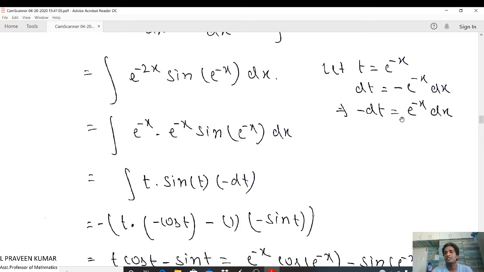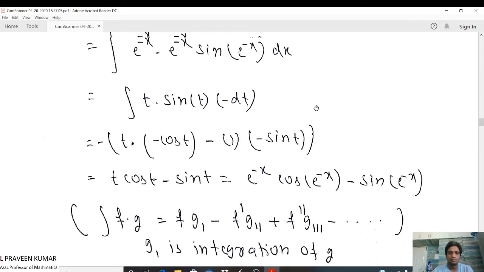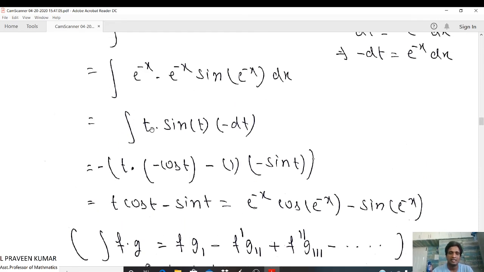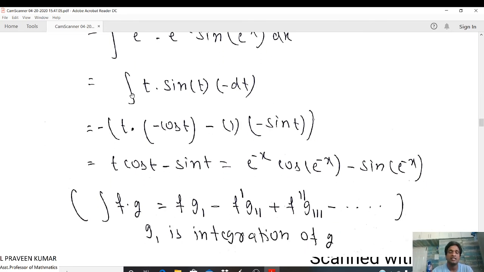So minus dt is equal to e^(-x) dx. One e^(-x) we take as t, giving sin(e^(-x)) as sin t, and the other e^(-x) dx we take as minus dt. Then it becomes the integration of t sin t.